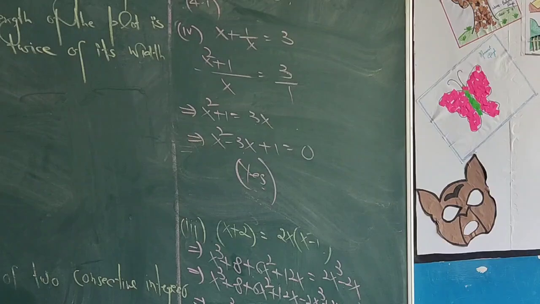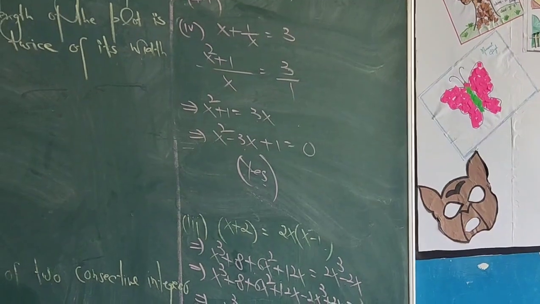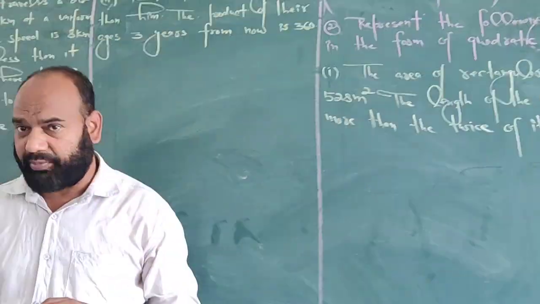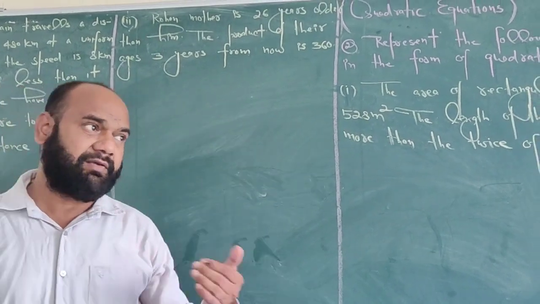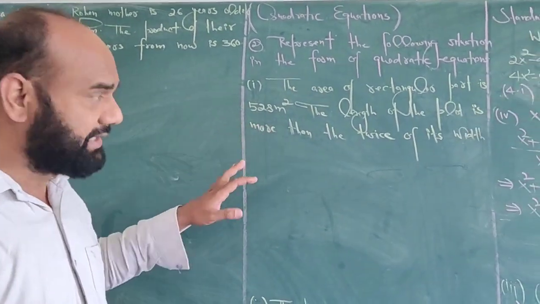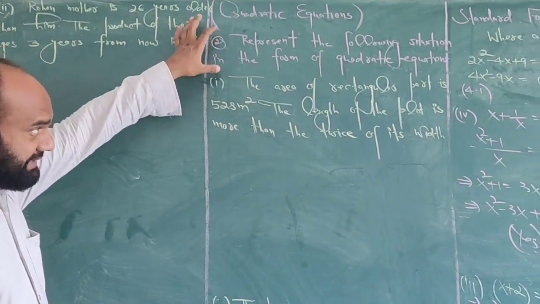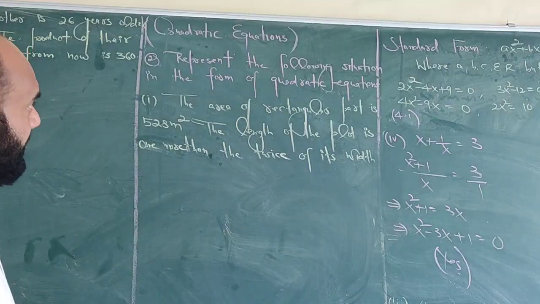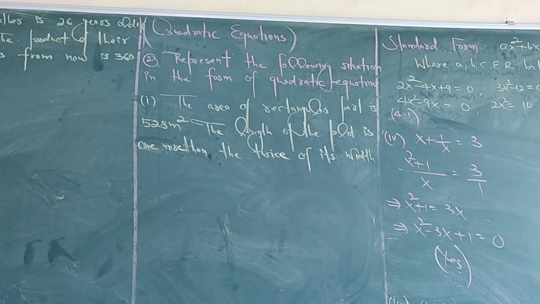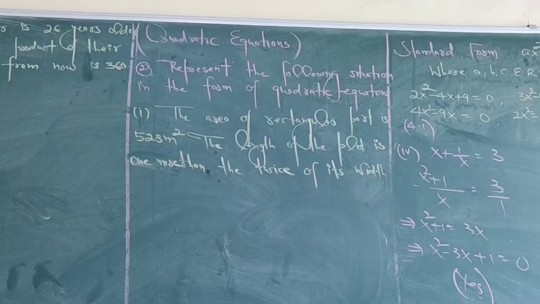Now the second question of this exercise has some problems which are to be converted to quadratic equations. The statement says: represent the following situation in the form of a quadratic equation.